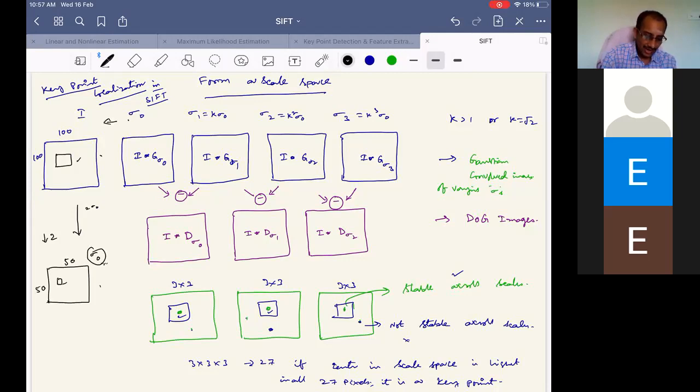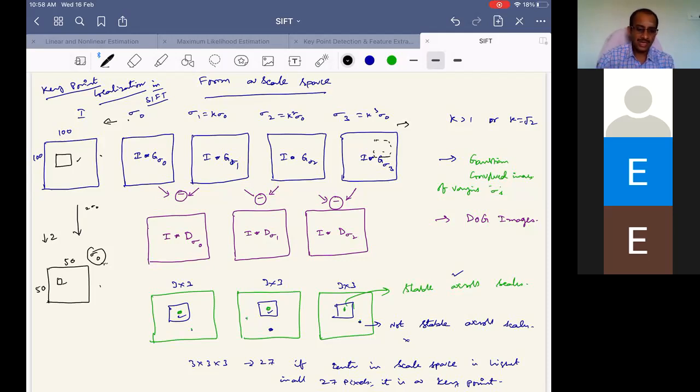Alternatively, we can downsample it and then convolve. Or if you would like to look at a larger region with a larger sigma, you can equivalently do that by downsampling the whole image by 2 and convolving with a smaller sigma itself.